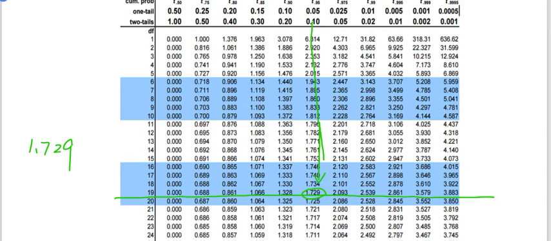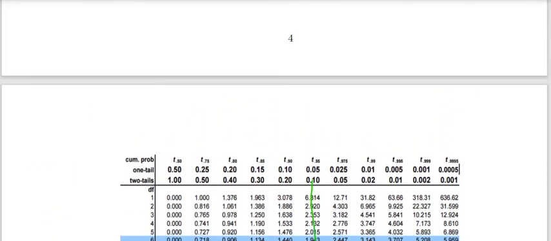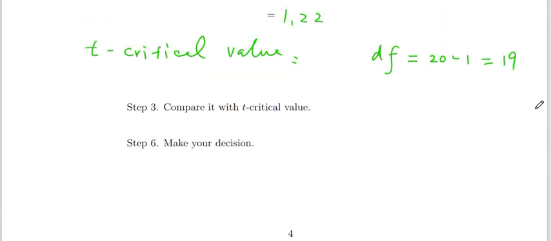This is the t critical value. We just use this 1.729 as the standard and use it to judge.